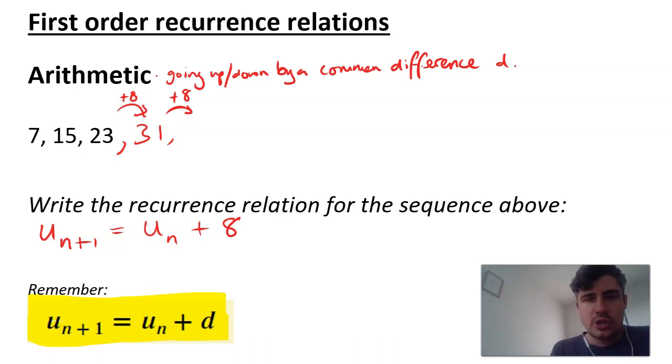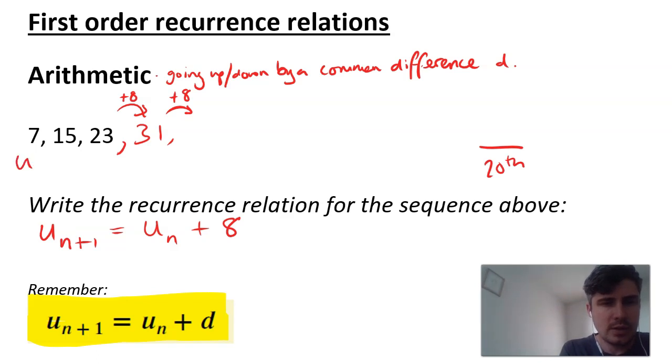Now if I asked you to find me the 20th term in the sequence, so this is U1, this is U2, this is U3, and I want to get all the way up to U20. How would you do that?